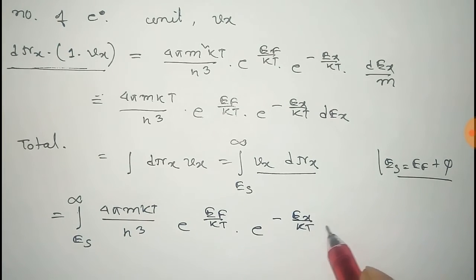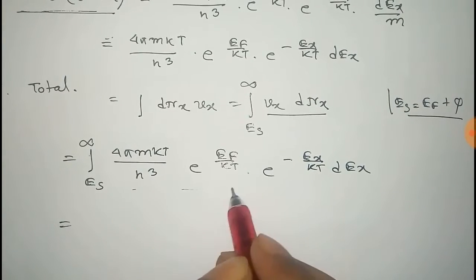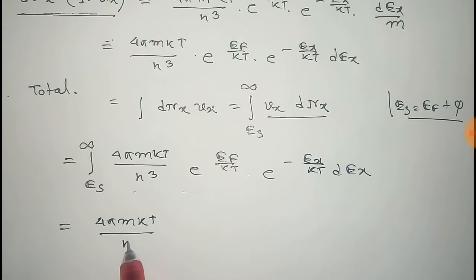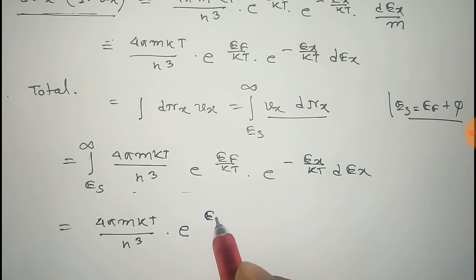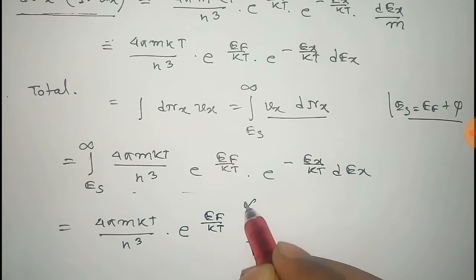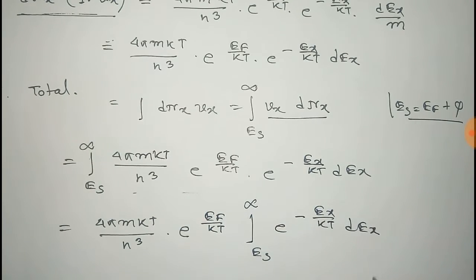Es is given by Ef plus phi. So the integral goes from Es to infinity. The constant terms come out of the integral, leaving the integral from Es to infinity of e to the power minus Ex by kT into dEx.